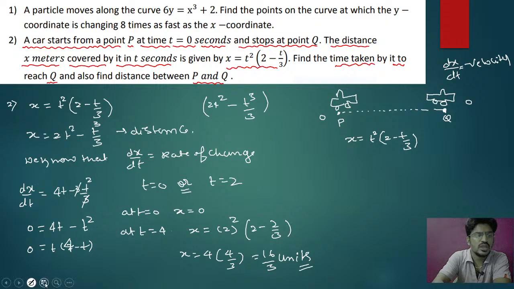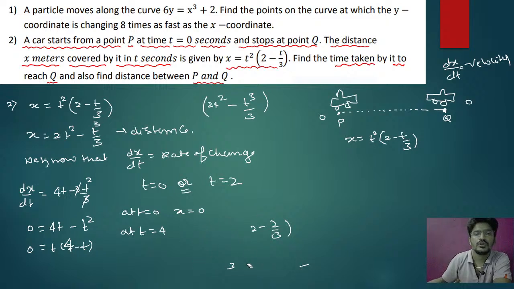Okay, so now you can just change these terms, no problem. You put t equal to 4 and you can simplify it. So therefore, our solution will be x equal to 4 square into 2 minus 4 by 3.